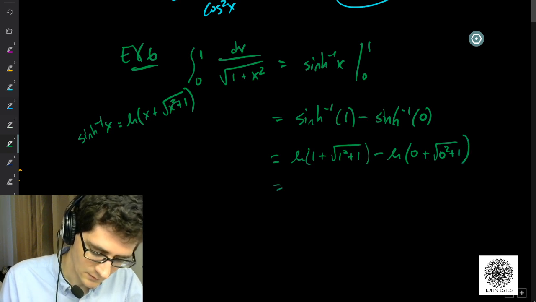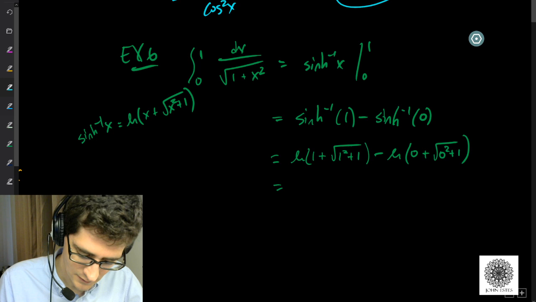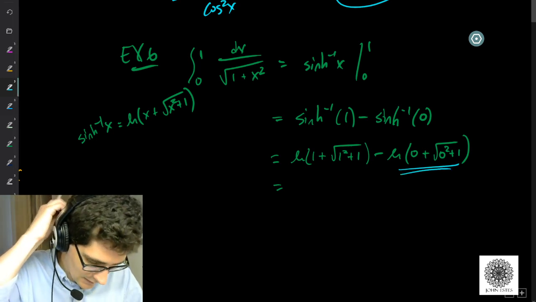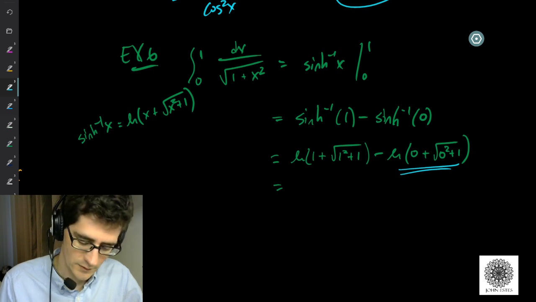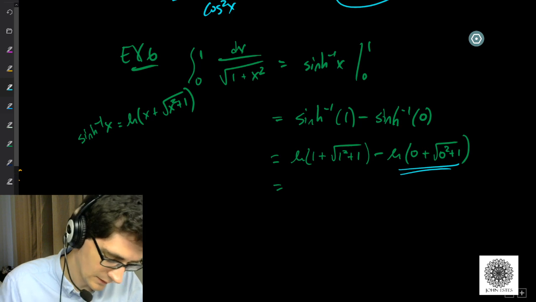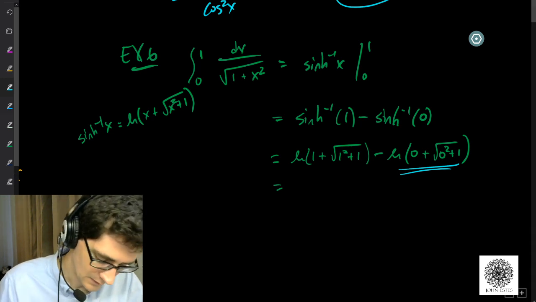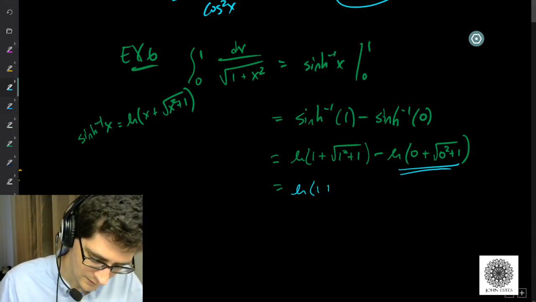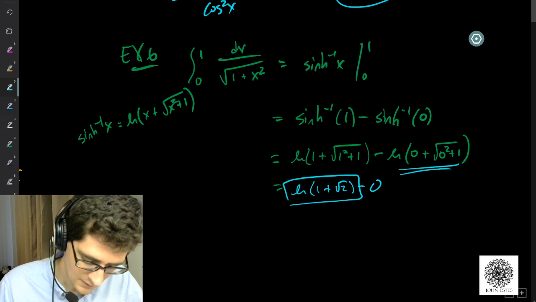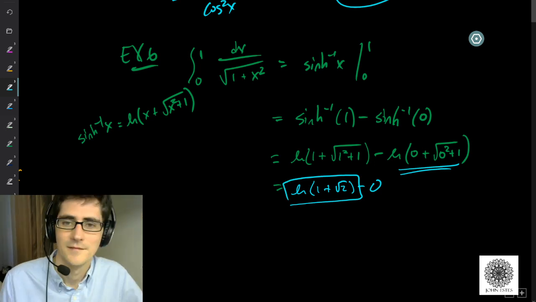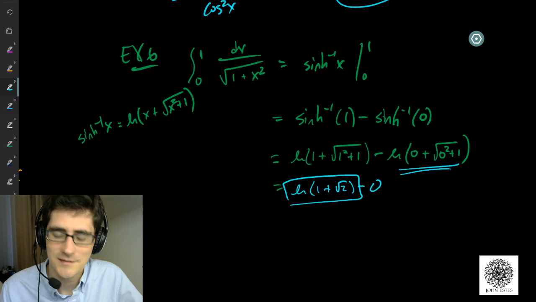Alright, so the second ln, let's just think, that ends up being ln 1. Ln 1 is simply 0. Okay, so here I end up with just ln of 1 plus root 2 minus 0. So there's my answer: ln of 1 plus root 2. And there it is. I hope that makes sense.